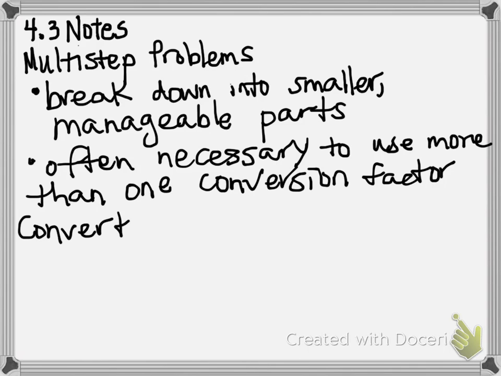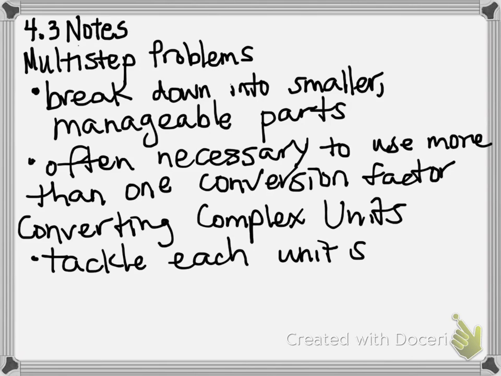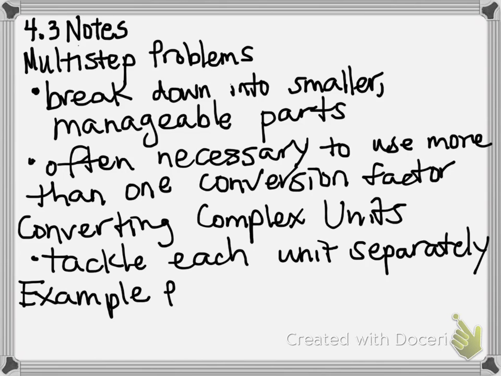When you are converting complex units, you're going to tackle each unit separately. And because you're multiplying and dividing, the order in which you tackle those is up to you, because the order of multiplication and division doesn't matter.